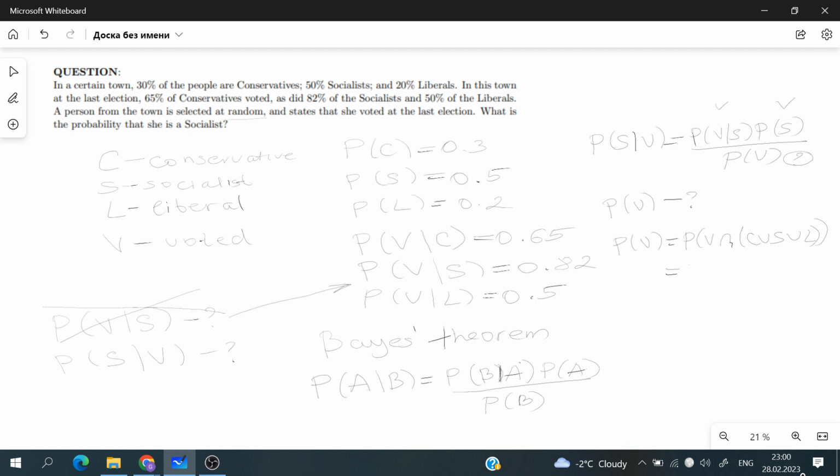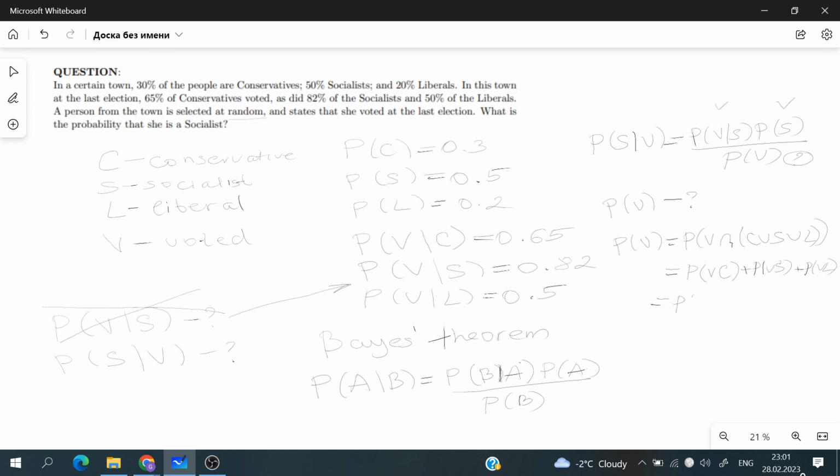And this one equals to probability of VC plus probability of VS plus probability of VL. And now, what is this one?